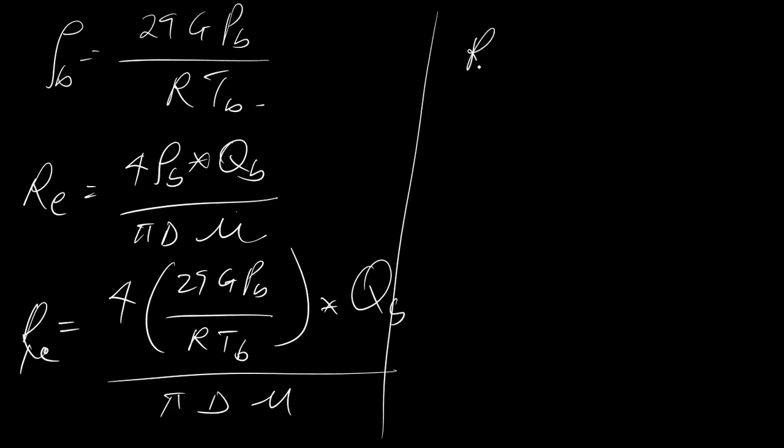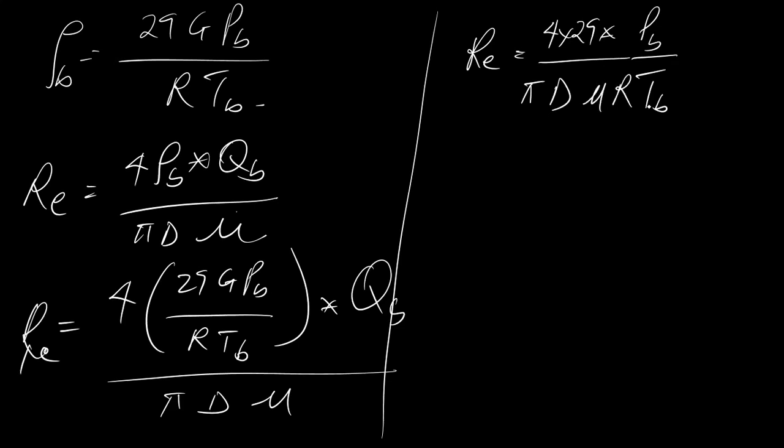So that means Reynolds number is equal to 4 times 29 times gamma_g P_B divided by T_B, divided by pi d mu R, times the flow rate.